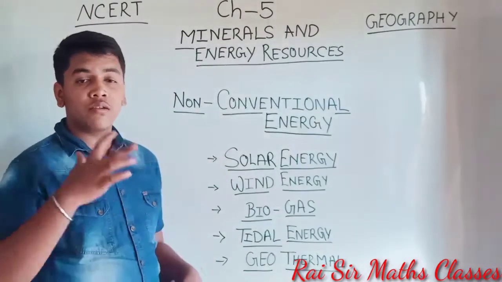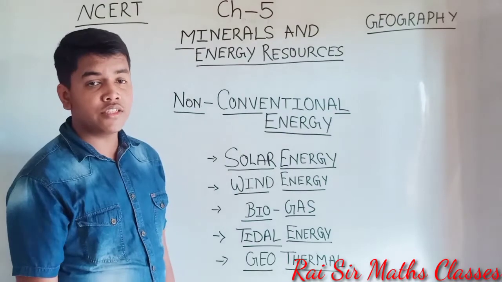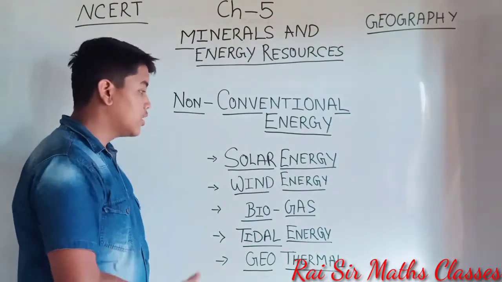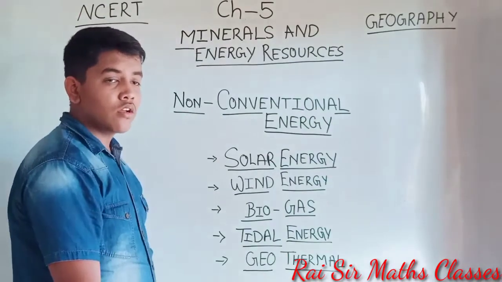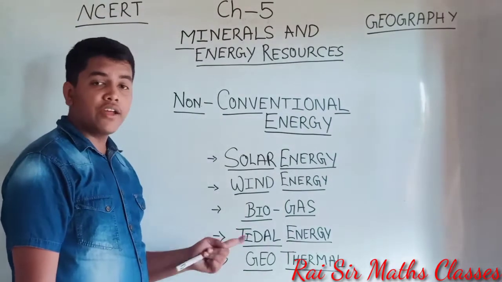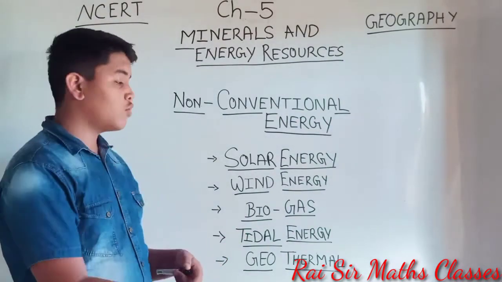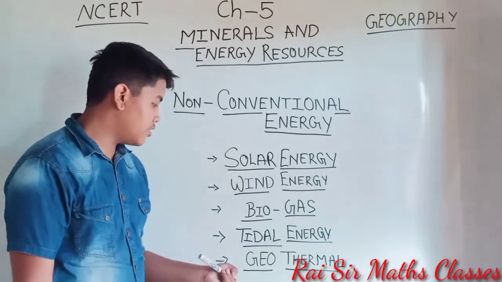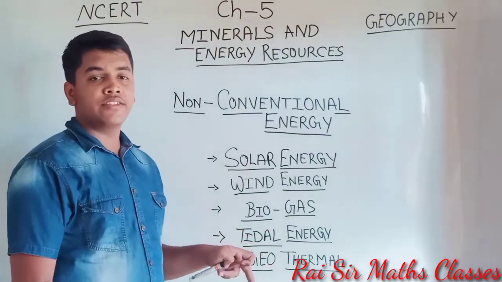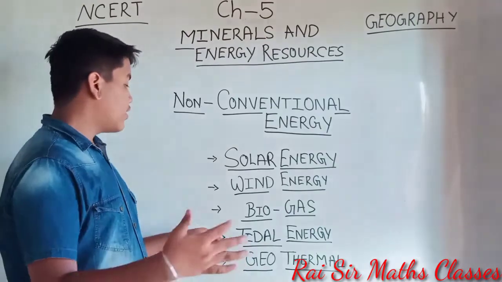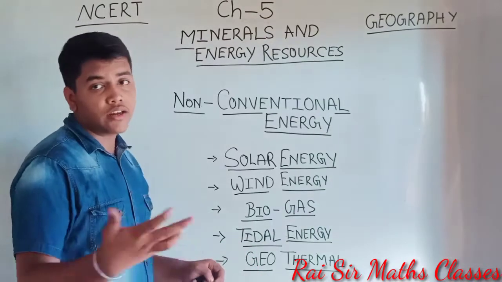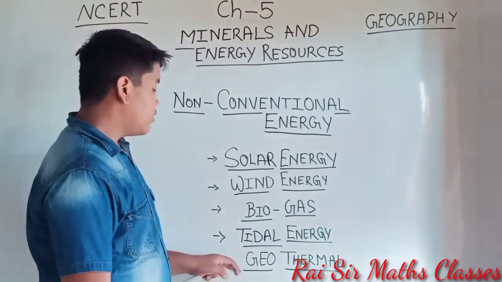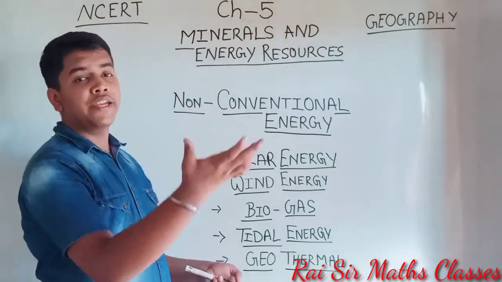A windmill converts wind energy into electrical energy. Solar energy is converted into electric energy. Biogas is also converted into electric energy. Tidal means tides, and tidal energy is also converted into electrical energy. And geothermal energy is heat.